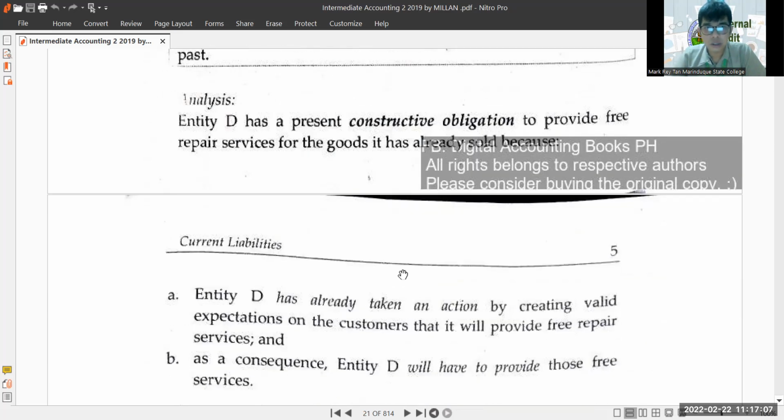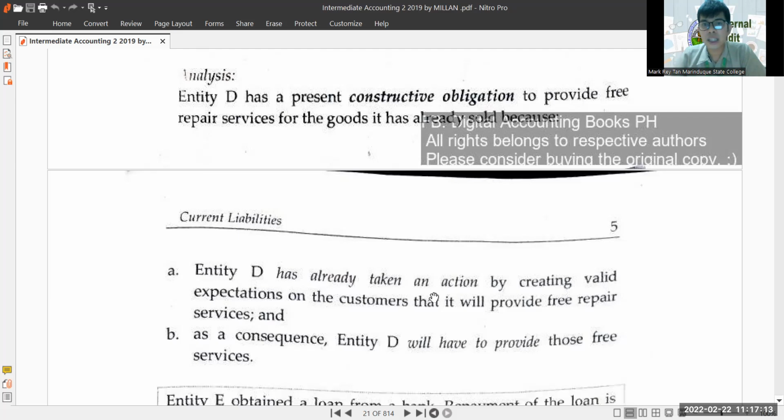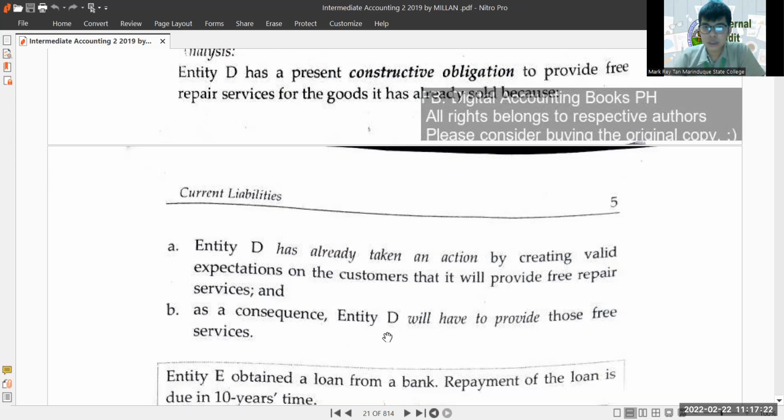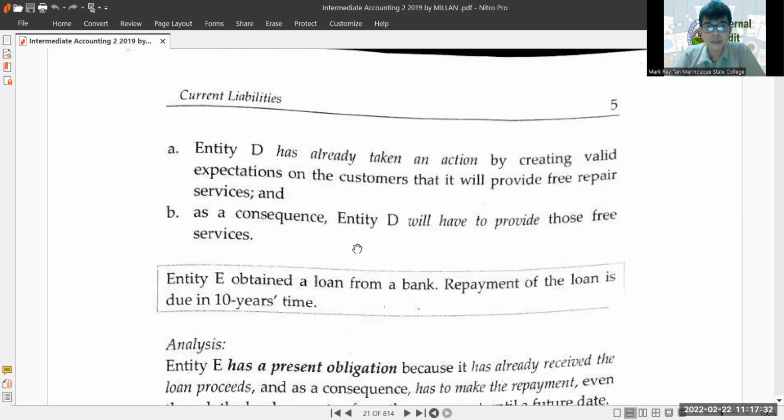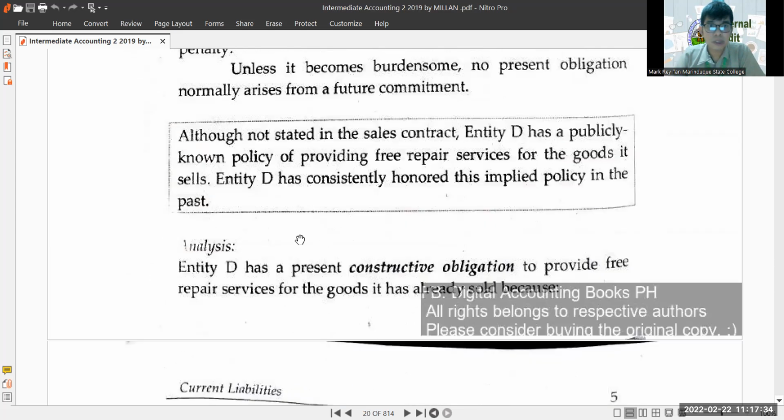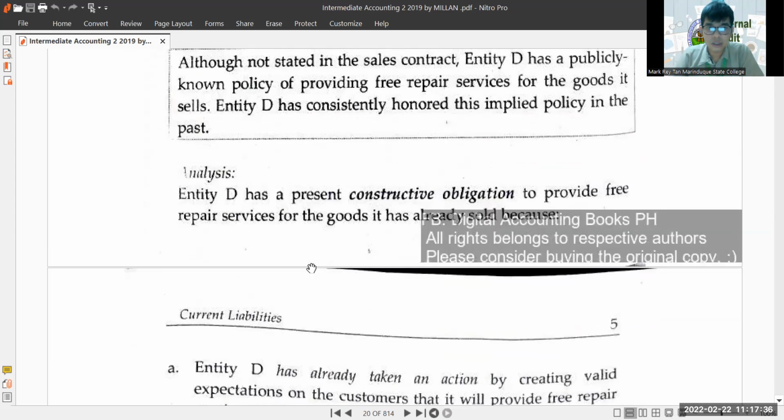Because, entity D has already taken an action by creating valid expectations on the customers that it will provide free repair services, and as a consequence, entity D will have to provide those free services. Okay, that's it. We have 3 examples pa. So, that's yung letter D, meron na silang obligation, ha?